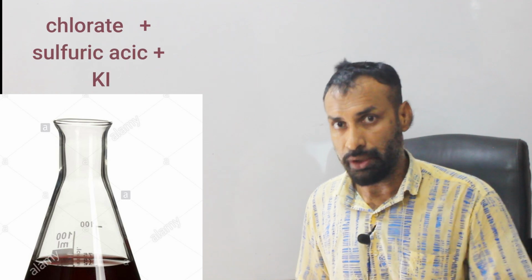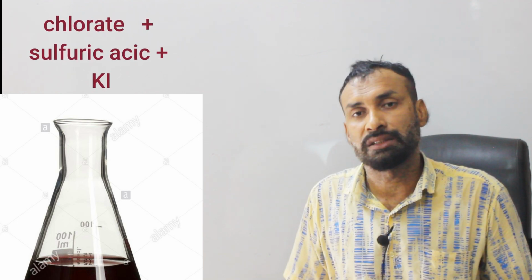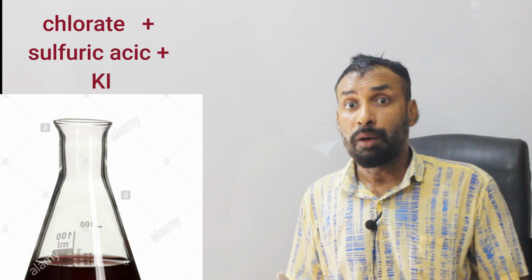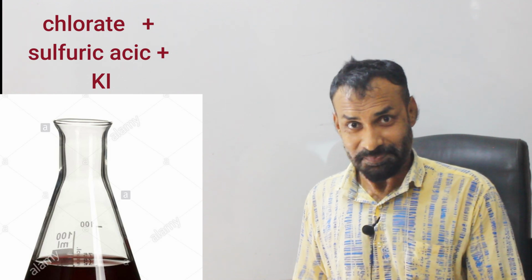For this, take a certain volume of chlorate. Suppose 25 cm cube of chlorate solution is pipetted out into a conical flask, and add excess sulfuric acid to the conical flask. Now add excess potassium iodide.